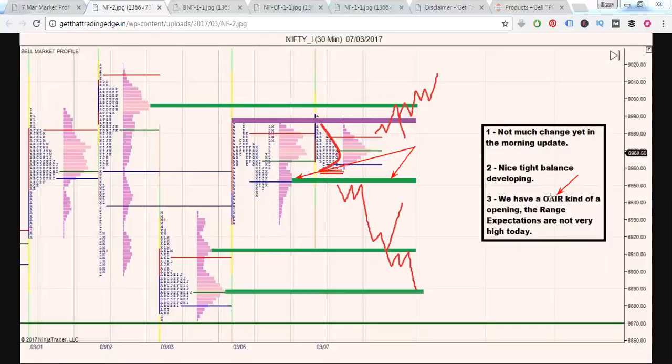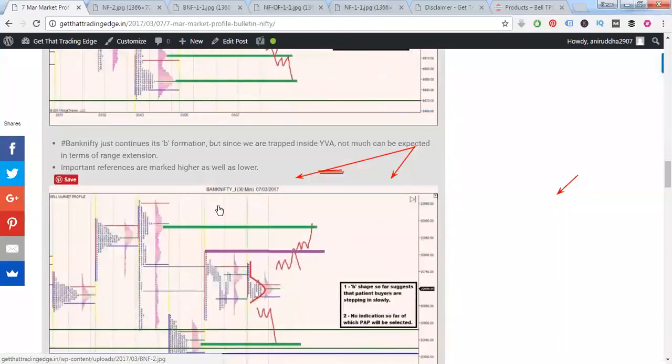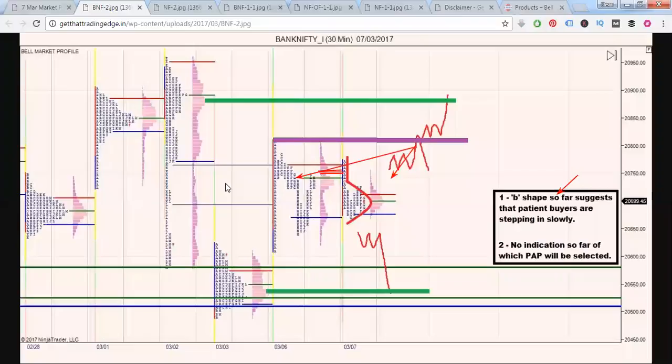So, a nothing day in Nifty, even in the afternoon. Same was the case with Bank Nifty. This B shape was getting more pronounced, and in this kind of scenario, if the market is struggling to go lower and the volumes are very low, what we usually look for is to identify this morning low.